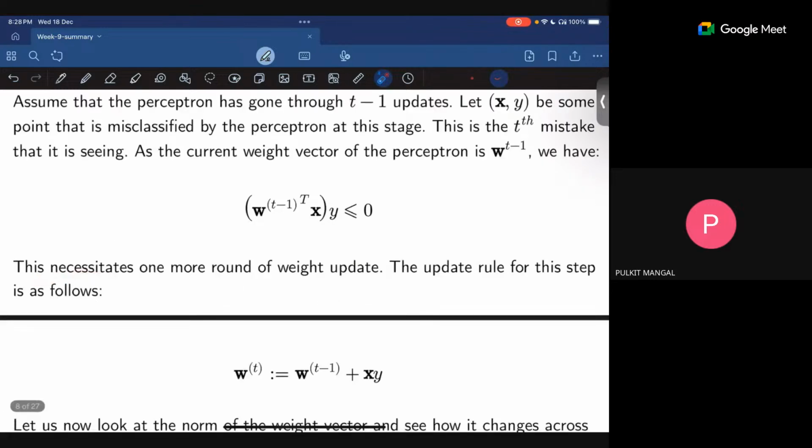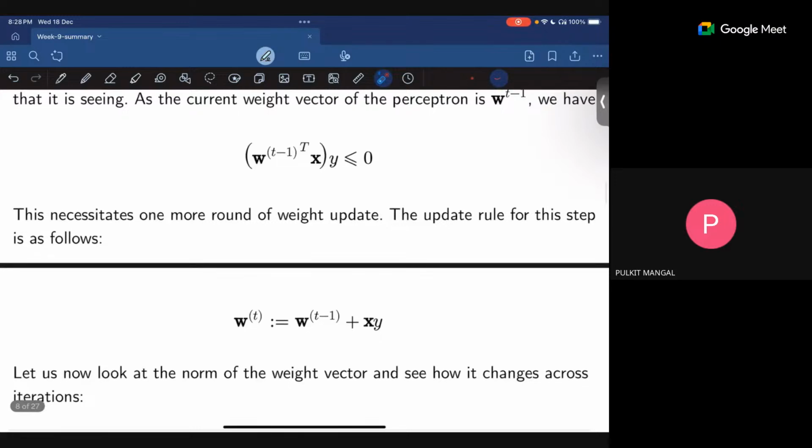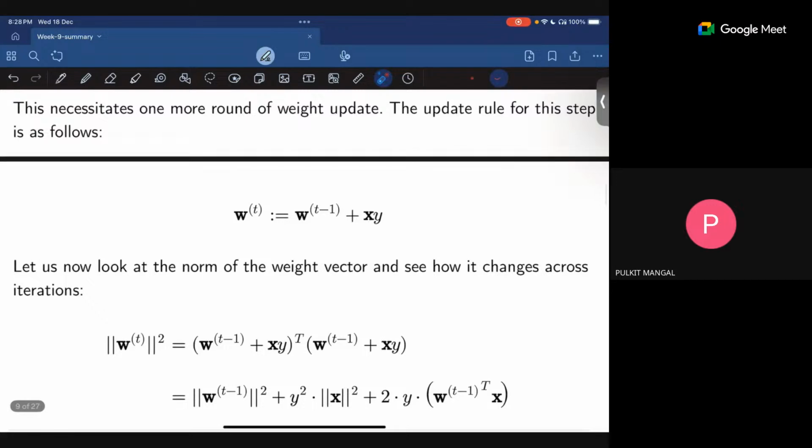Then, as it is a mistake, we have to update our weight vector. The perceptron update rule was w(t) equals w(t minus 1), the current weight vector, plus x times y. Here x is the data point, and y is its true label. Now we will compare the norm of the current weight vector and see how it changes across the iteration.